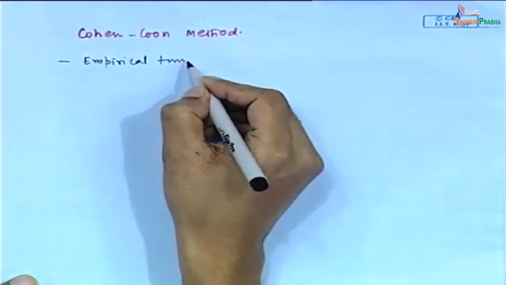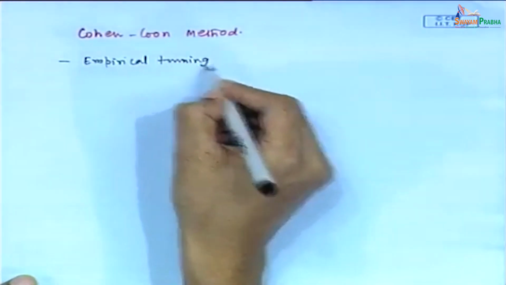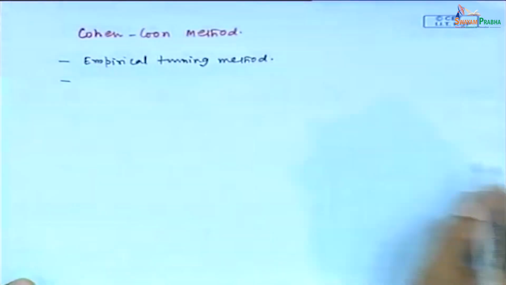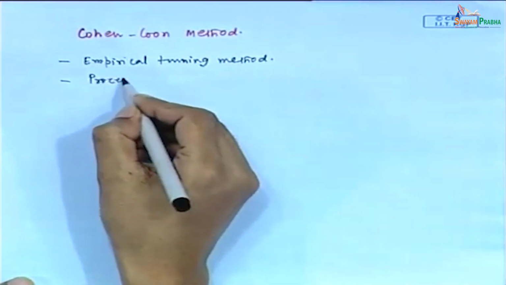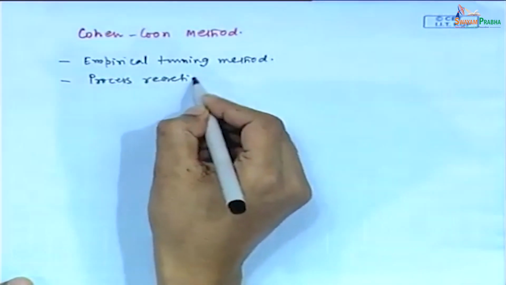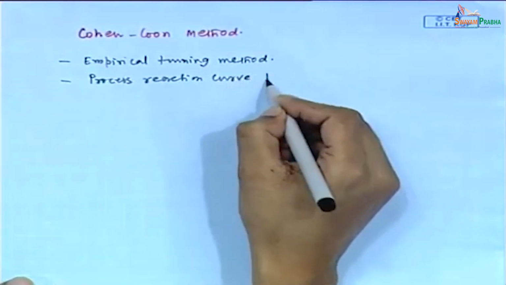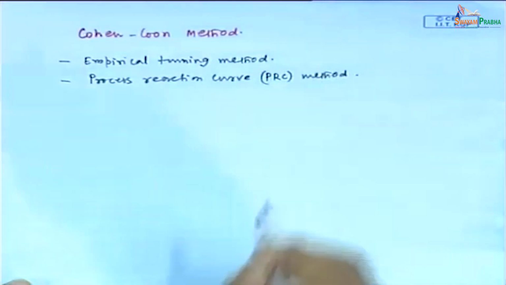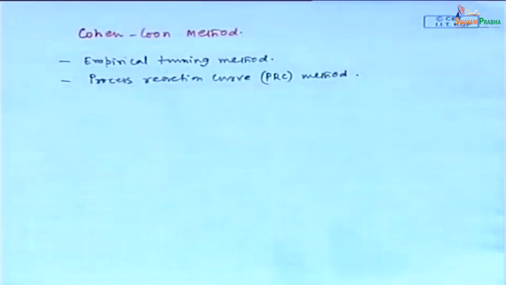This method is also called the process reaction curve method. Fine. Now, before discussing this method, we need to draw the block diagram.